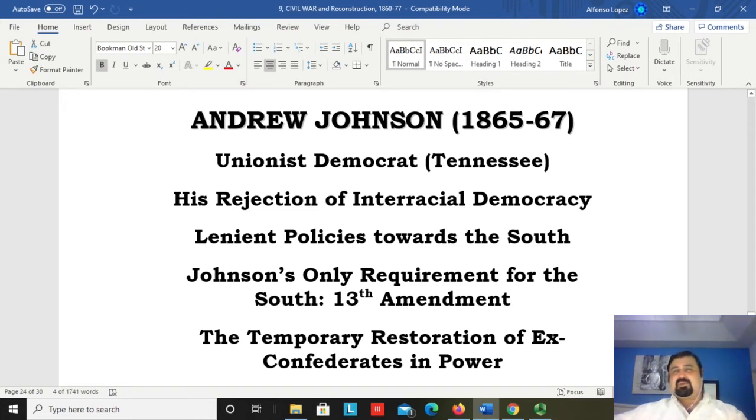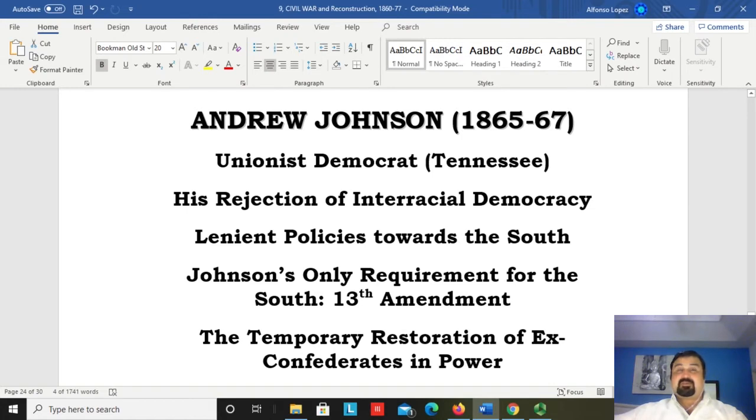Even though he is now representing the Union, that really didn't mean anything, because as president he's going to lead the Reconstruction process in a way that Northern Republicans are not going to agree with. Southerners agreed.